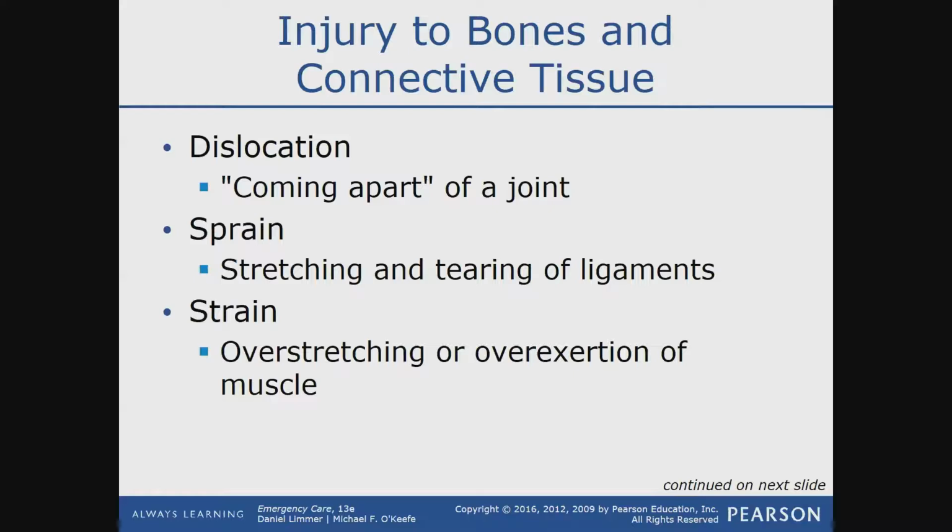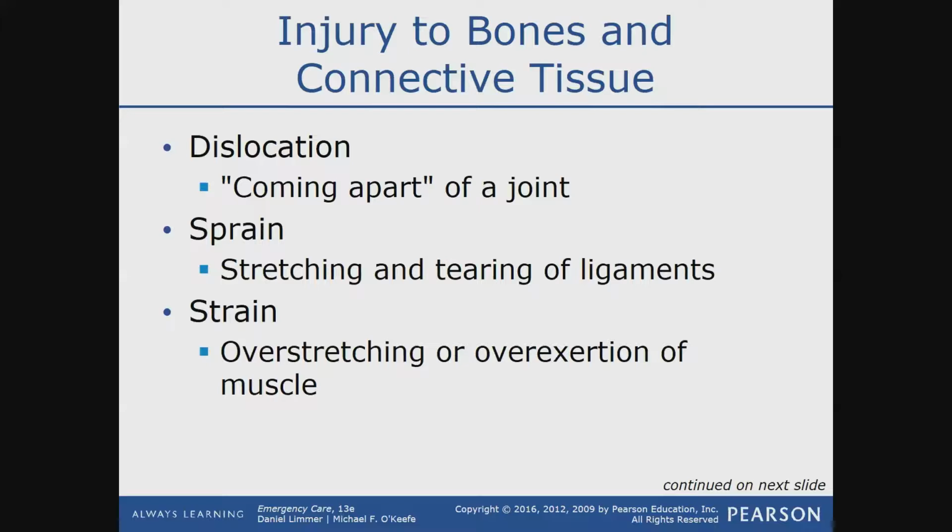So a sprain would be referring to the ligaments. And then strain, would that be referring to like tendons? No, now the tendons may be affected because they're attached to your muscle, but it's just a reflection of your muscle itself. Okay, but is there a term referring to when someone injures a tendon?